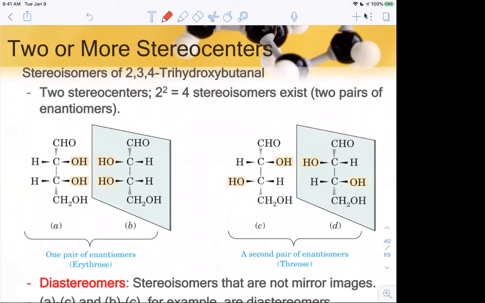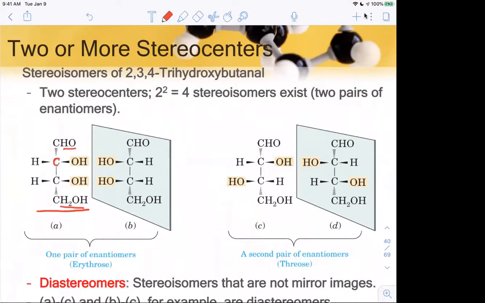I'm going to use my hash wedge and my bolded wedge in order to indicate stereochemistry. Remember, the bold is coming out at me and the hash is going behind the plane of the paper. So here's one that I can draw where I have the aldehyde on the top and the alcohol on the bottom.